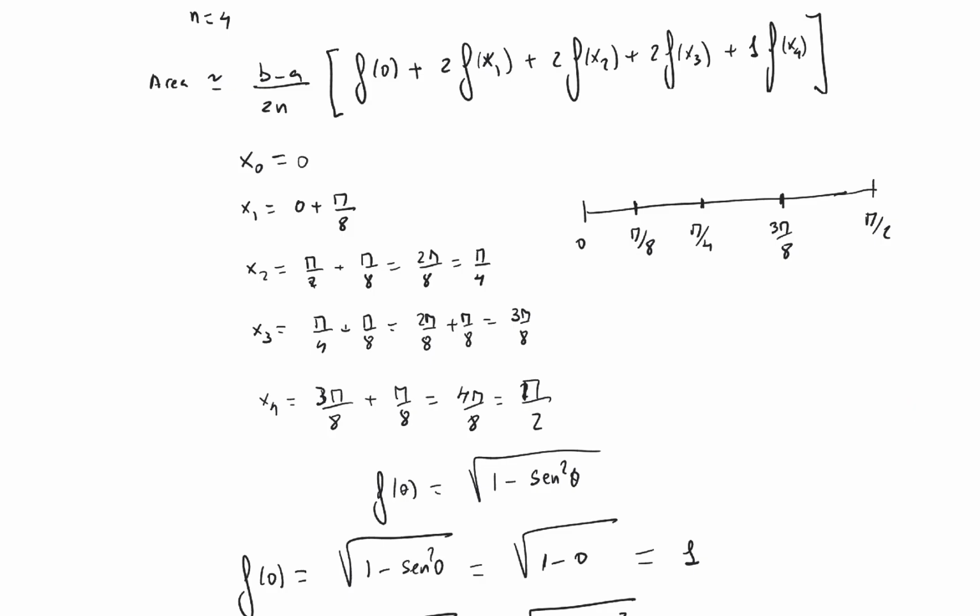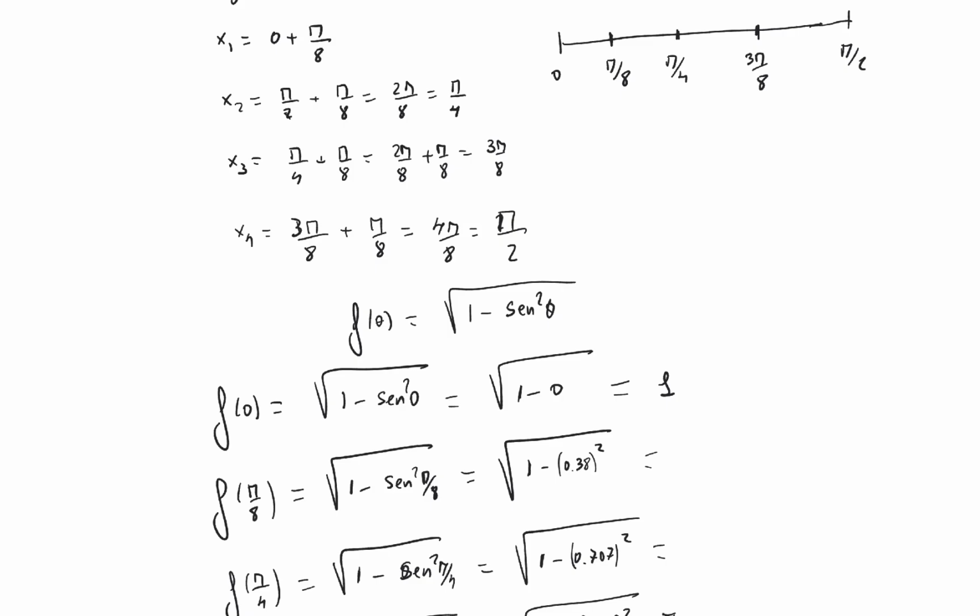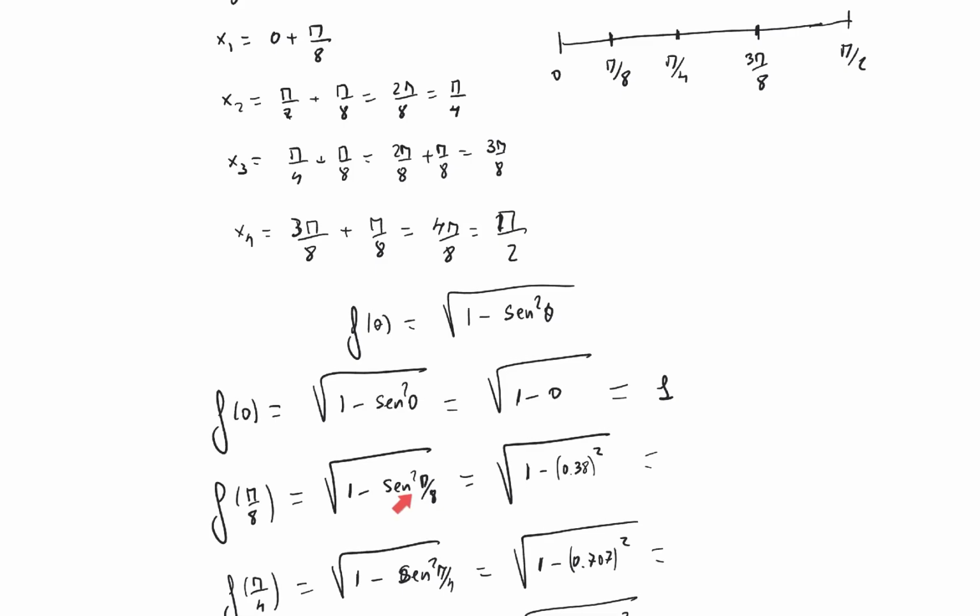f of pi divided by 8 is the square root of 1 minus sine square of pi divided by 8. Pi divided by 2 is 90 degrees, so pi divided by 8 is like 15 degrees. And sine square of pi divided by 8, remember that if you use your calculator, you need to be in radians mode, otherwise you will not find 0.38 for sine of pi divided by 8, and this is sine square, so 0.38.